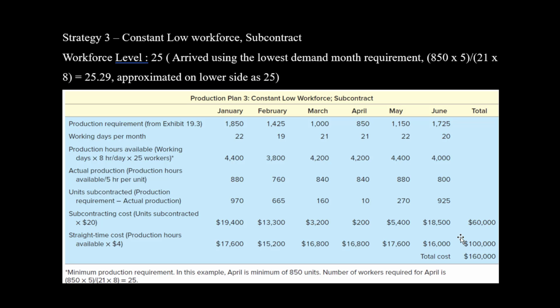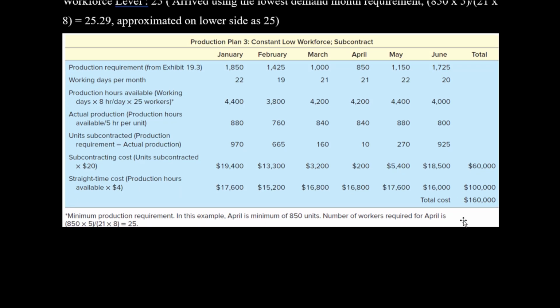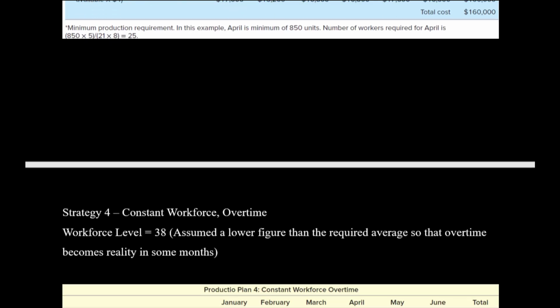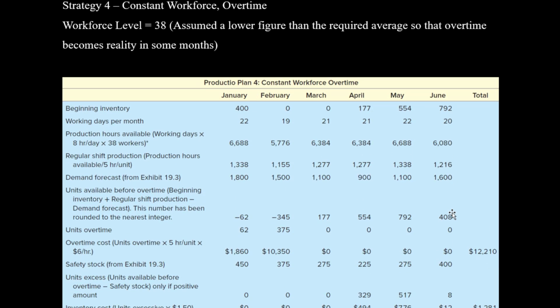Now in the last strategy, which is strategy 4, we will be using overtime. Here we have assumed that the workforce level is 38 people. Again we calculate starting from beginning inventory and the number of 38 workers; the total hours available is this much, and regular shift production will be this much, because this divided by 5 gives the units produced.